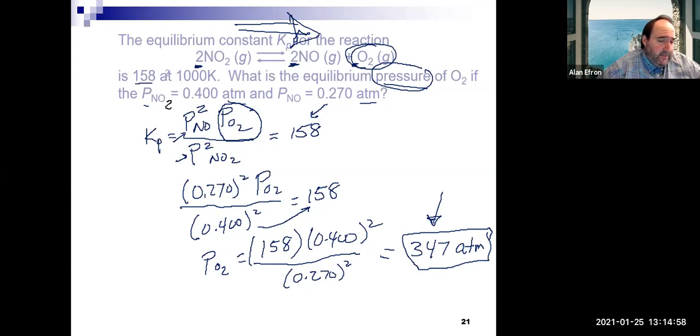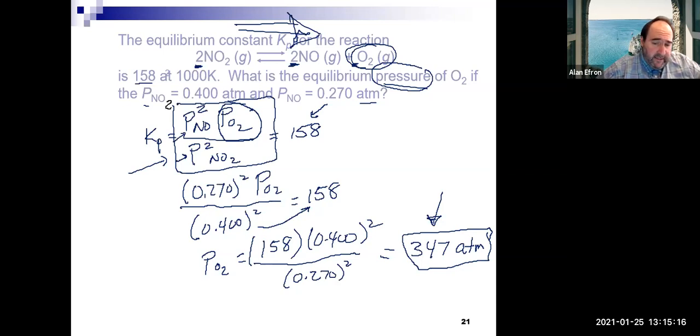If you were asked to calculate what the Kp value was, you would have one of two ways of doing that. Either you would have all of the partial pressure values and you would just put them into this expression here, kind of plug and chug, if you had them all.